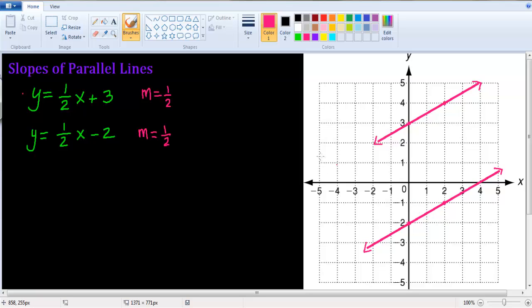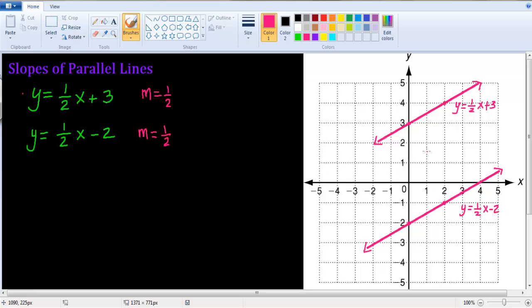Now, one very important thing about this line and this one, let's label these. This line I drew at the beginning is y equal to 1/2 of x plus 3. And this one is y equal to 1/2 of x minus 2.